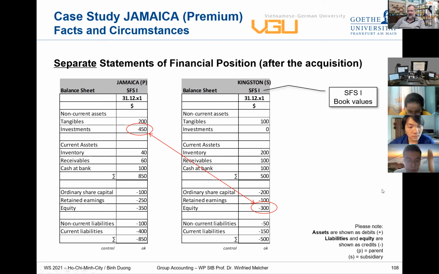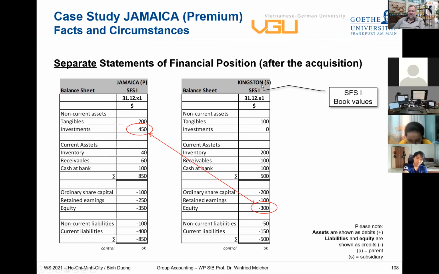So the first thing is that we look at the separate two financial statements after the acquisition. Here we have the single financial statement of the parent, and it shows an investment of 450, which is the 80% of the equity that is shown in the subsidiary Kingston.